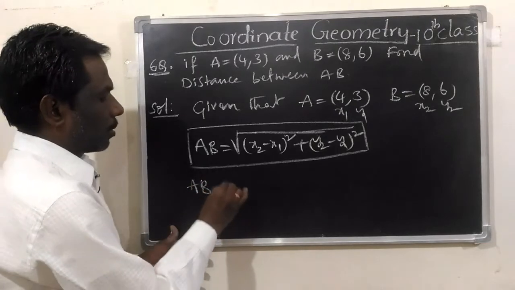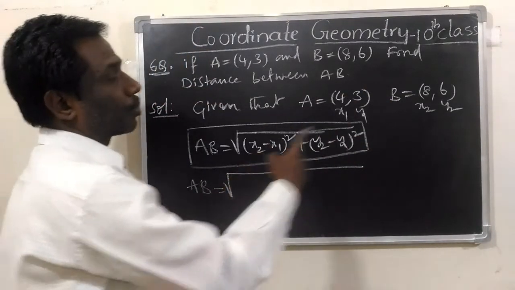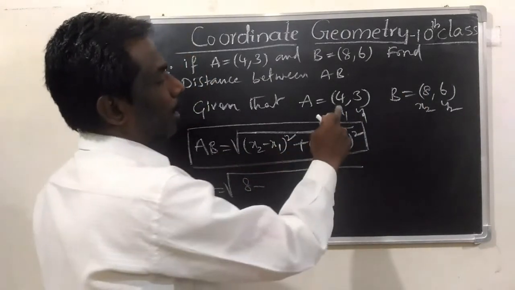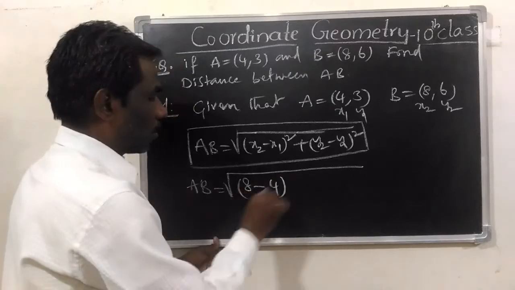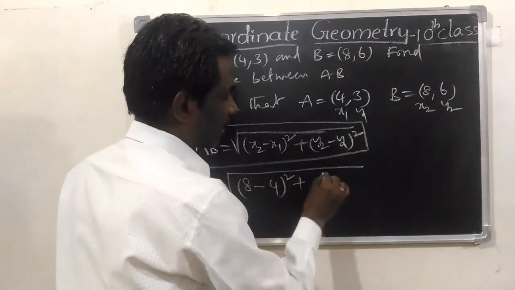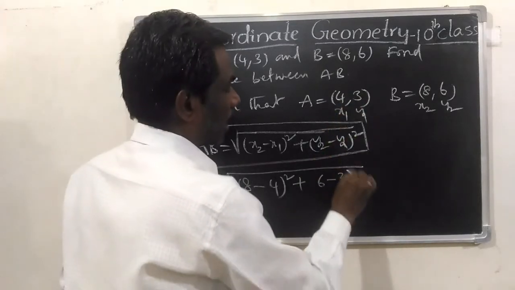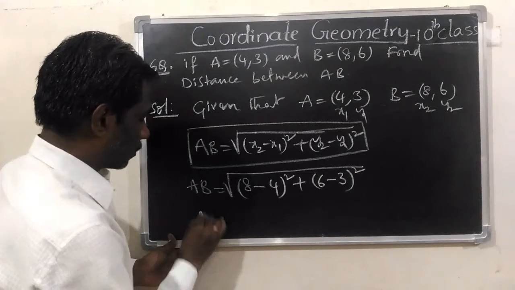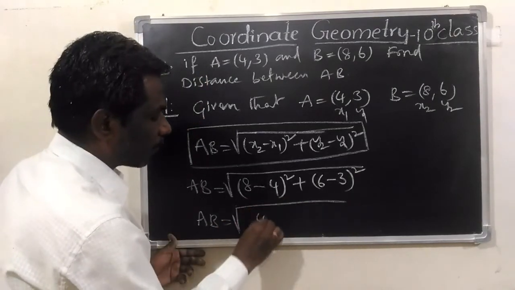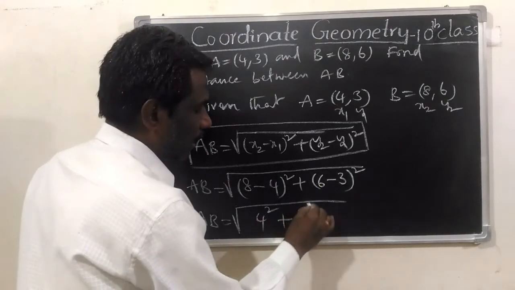Now substitute x1, x2 and y1, y2 values. x2 is 8, minus x1 which is 4, whole square, plus y2 is 6, minus y1 which is 3, whole square. AB is equal to under root of (8 minus 4 is 4) square plus (6 minus 3 is 3) square.